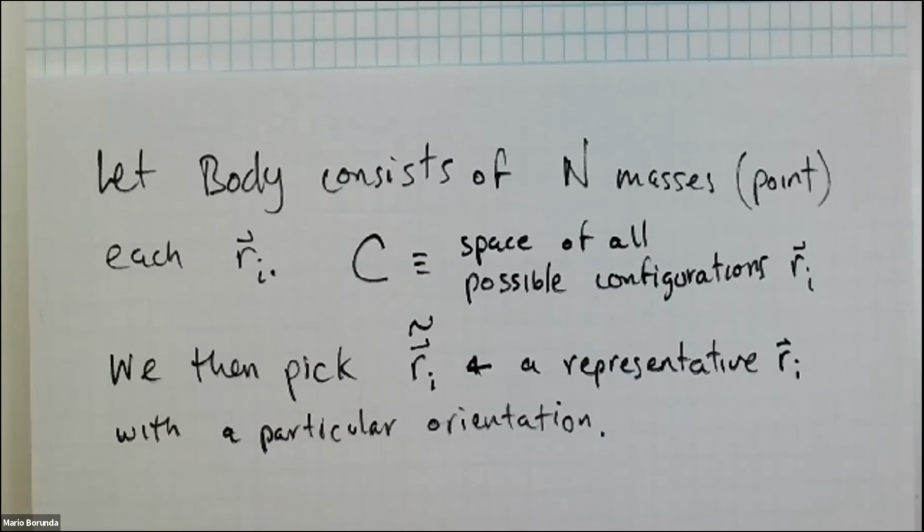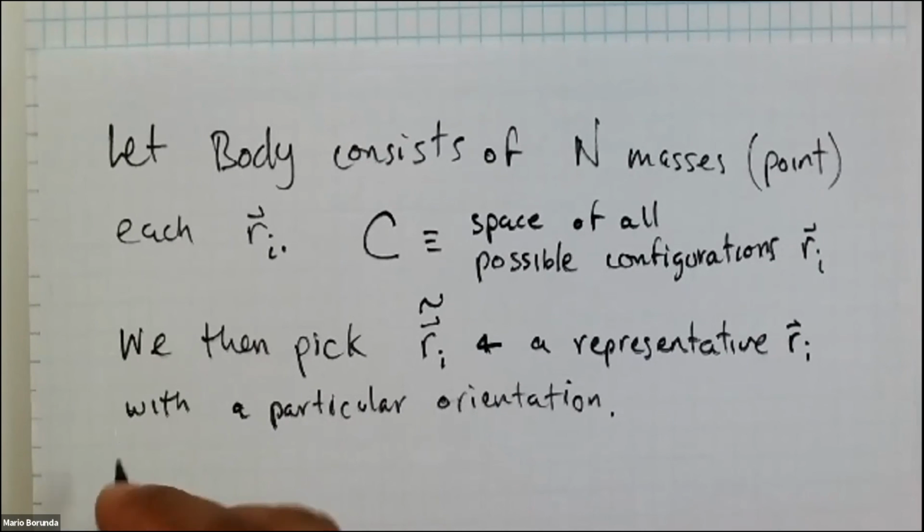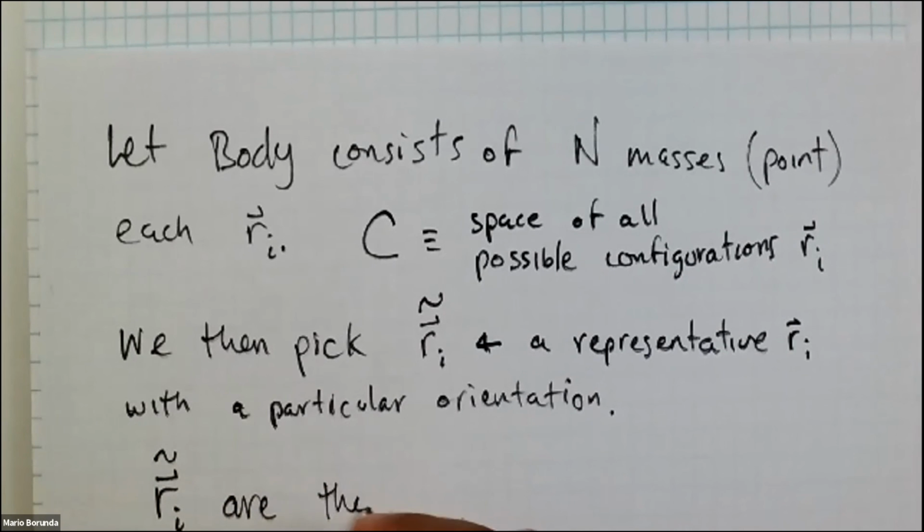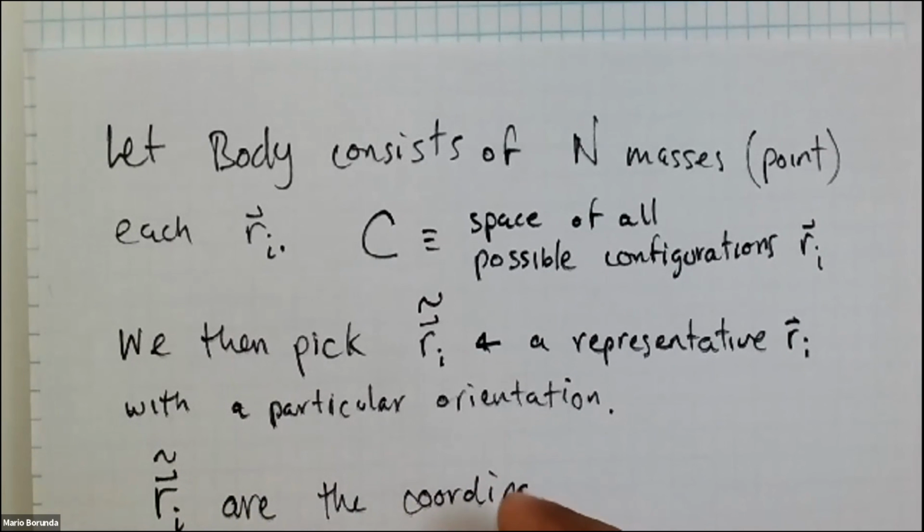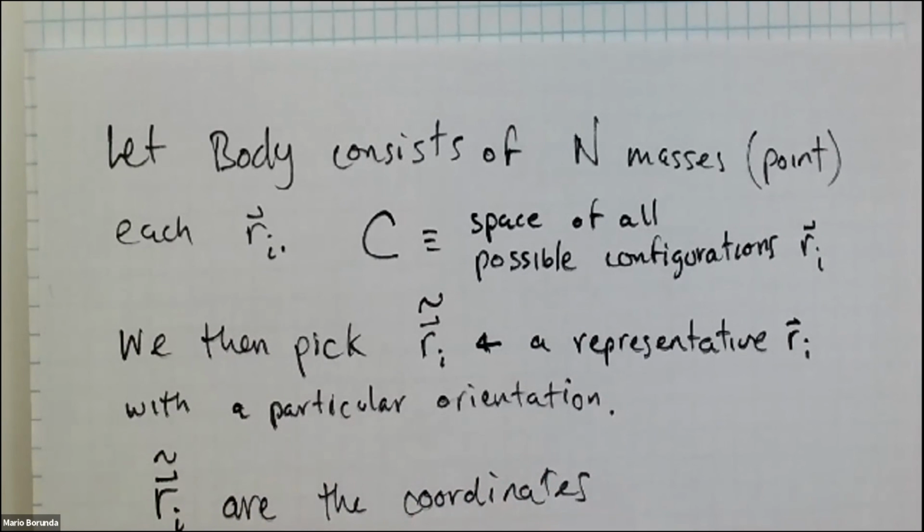So it doesn't matter which one you choose. You choose that one, and now you set that one as your coordinate. Just pick one, and that's now your coordinate. So if you need coordinates, you just choose a few of them. Now you have your 3 coordinates, or however many you need to describe what you're doing, of this space C.